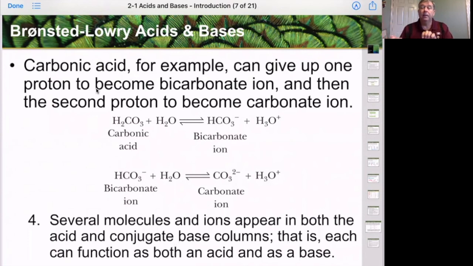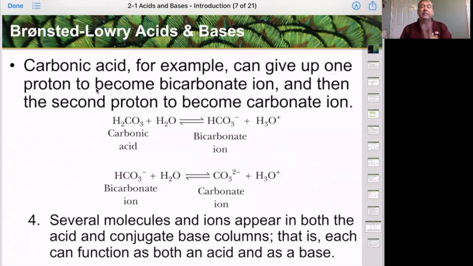Okay? So that bicarbonate anion still has a proton on it. So that bicarbonate anion can react with another equivalent of water to generate the carbonate ion, which now is -2 because it's transferred 2 protons, and 2 equivalents of the hydronium ion. Okay, so it's transferred 1 proton first to create the bicarbonate and 1 equivalent of hydronium.